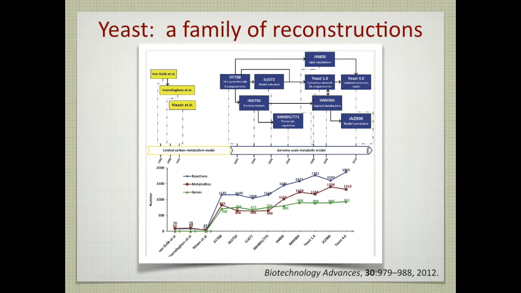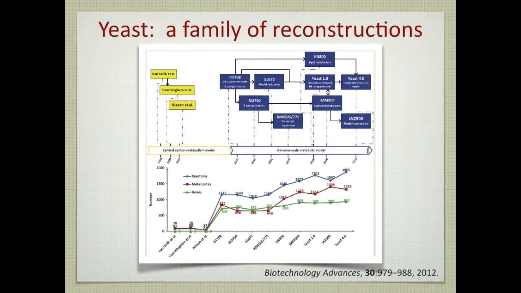A little different history than with E. coli because it bifurcated into multiple parallel efforts, as the series of blue boxes shows. So there's a timeline going down the middle of that diagram. The yellow boxes represent pre-genome era reconstructions of Saccharomyces metabolism, and a few of them were done in the mid-90s.